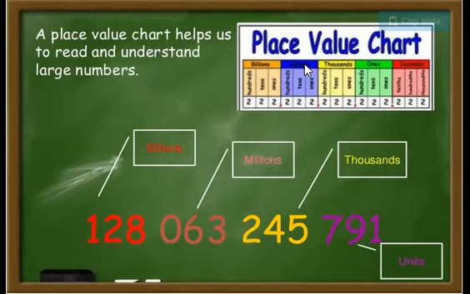So like this it goes on. Suppose we consider this number, 128063245791. First we'll count from the left side. Whenever we see it, you can count from the left side or the right side.